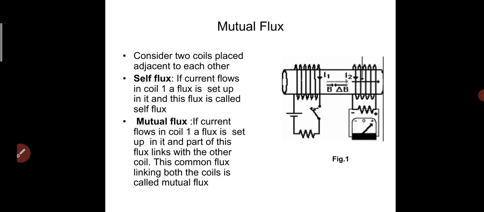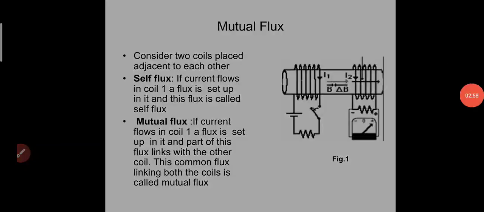First, self flux. If current flows in coil 1, a flux is set up in it, and this flux is called self flux.